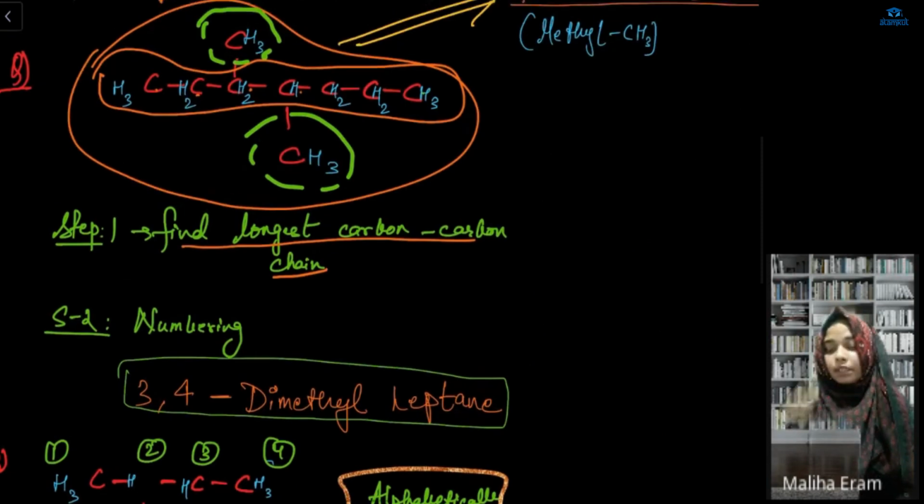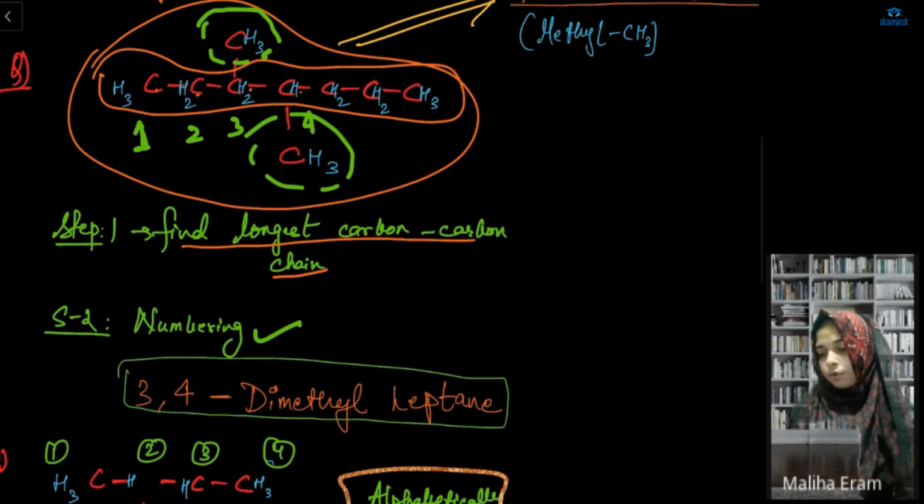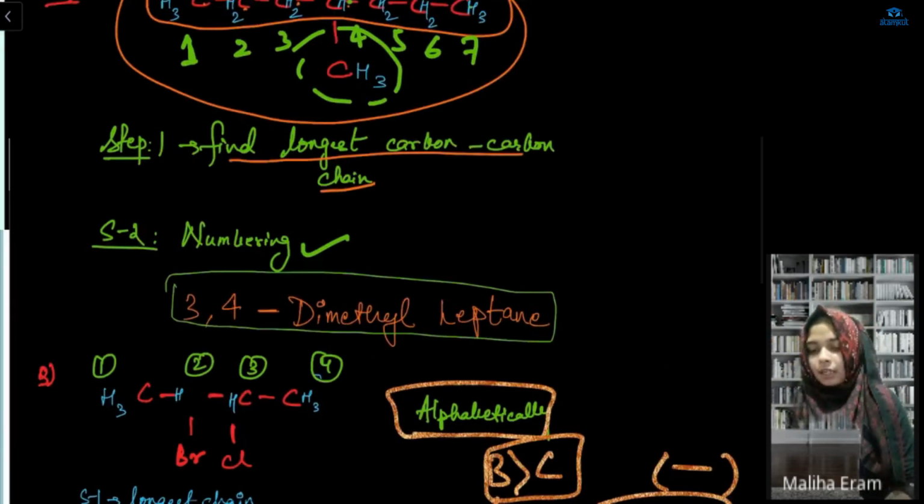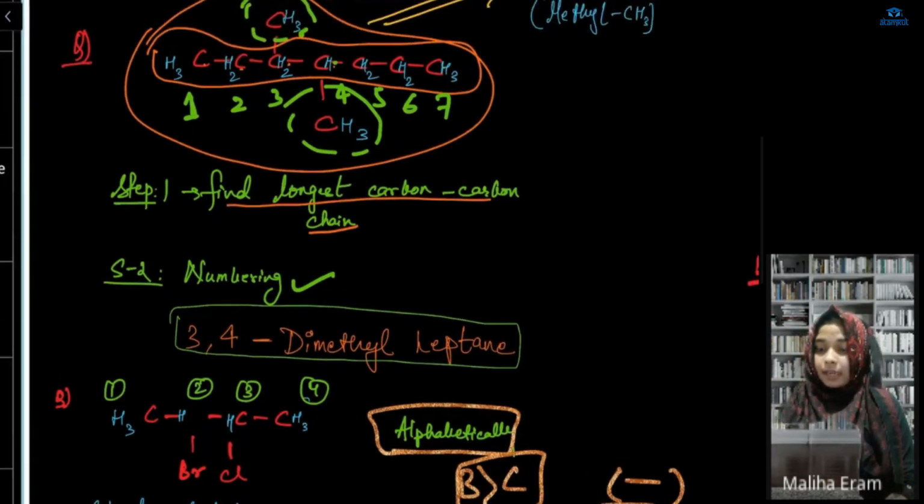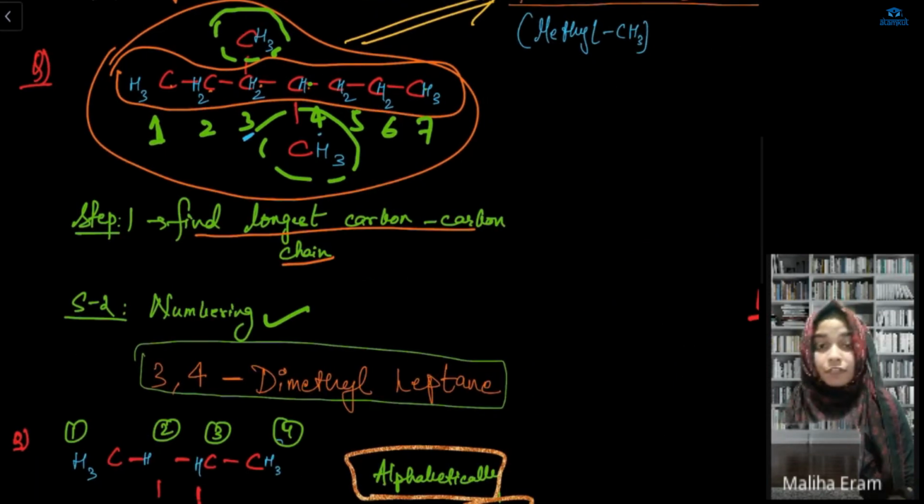And now the second step is that you can start numbering. So we will start numbering from here. 1, 2, 3, 4, 5, 6, 7, or 1, 2, 3, 4, 5, 6, 7 from this side or that, either way. So here we can see that in the third position and in the fourth position we are getting the methyl substituent.